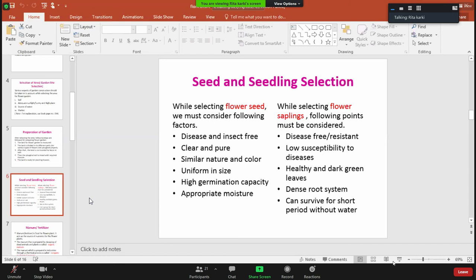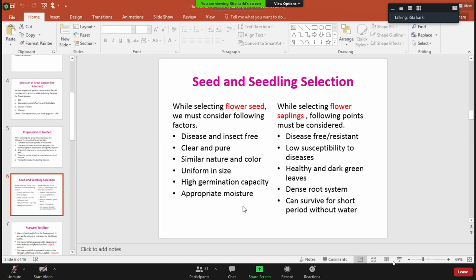Besides this, there is the nature of the seeds, which simply means whether the seeds are fresh or have been stored for some time by the sellers. Depending upon that, we should select the seed.